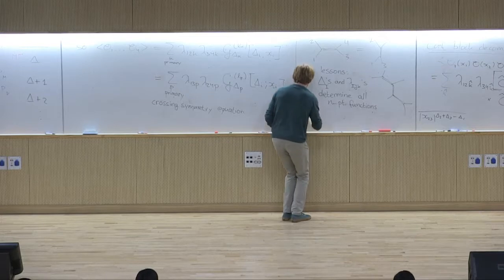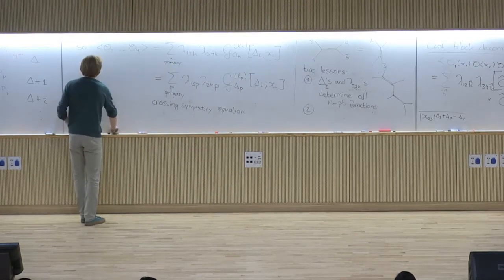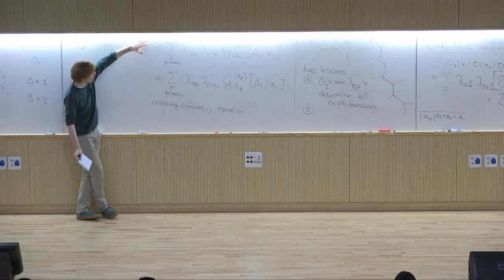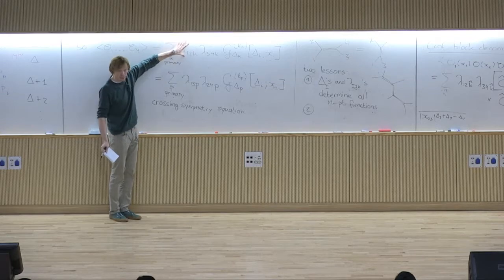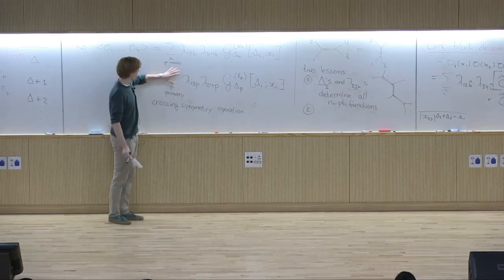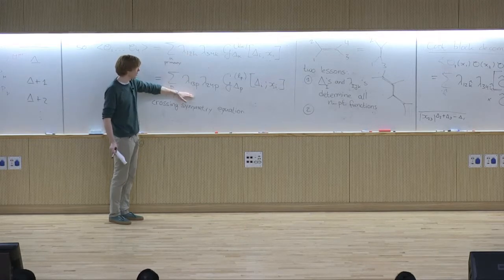The second is, let me look at the crossing equation. Let me ignore the whole fact that I'm trying to compute a 4-point function here, and let's just look at what I wrote here. Here's an equality involving lambdas and deltas, and between two functions of the positions, functions of the x's.